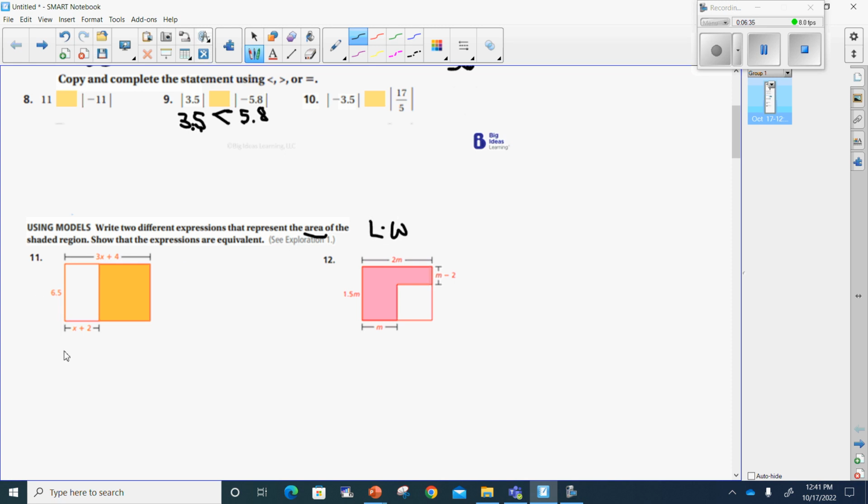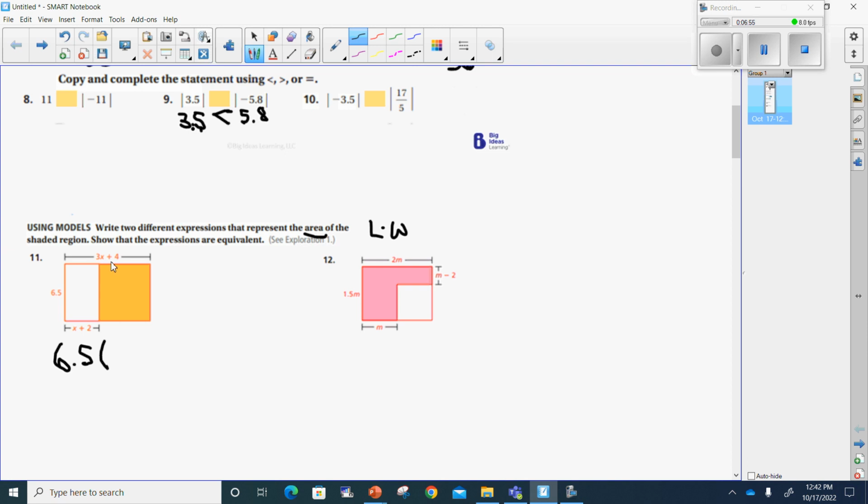So my length can be 6.5. And my width could be 3x. And it says of the shaded region. So this is the shaded region here.